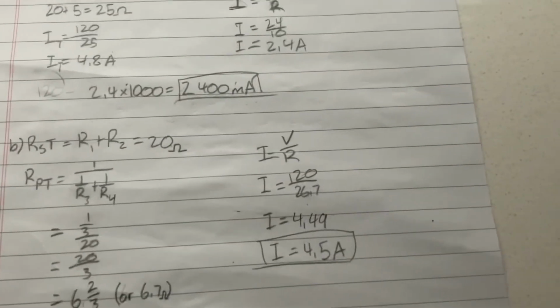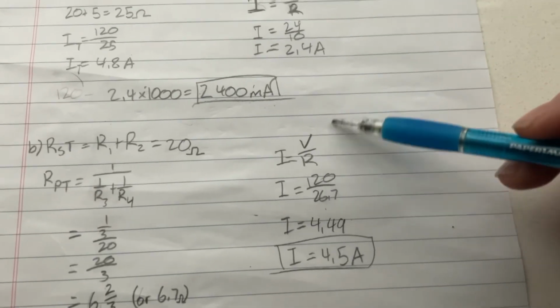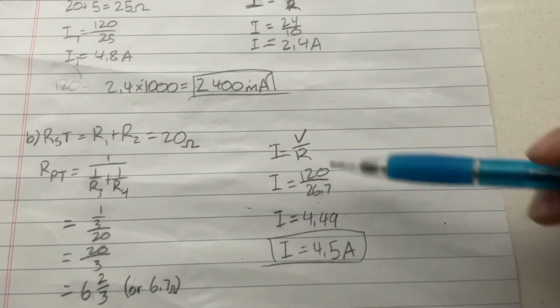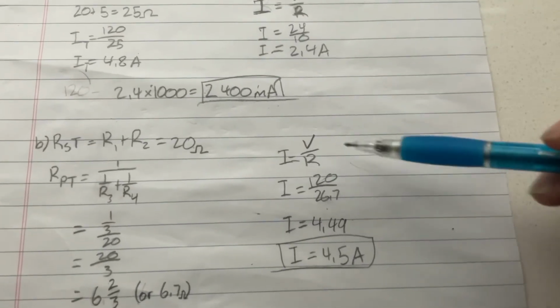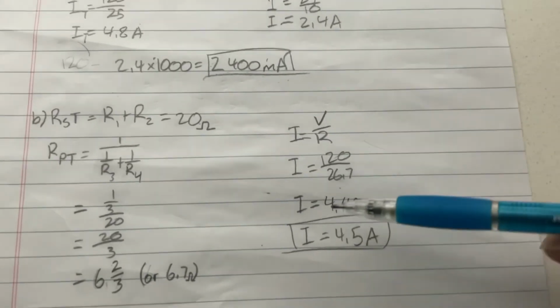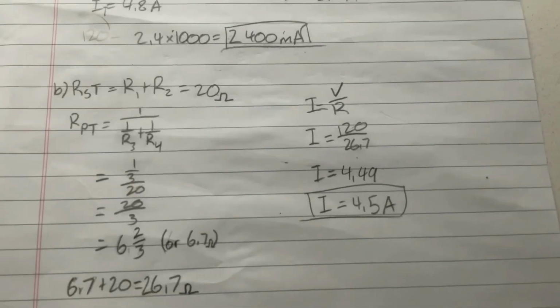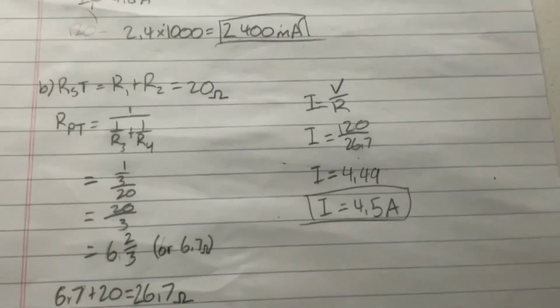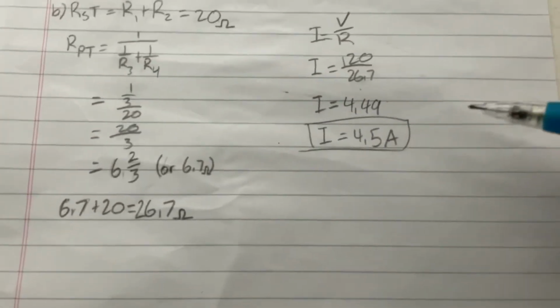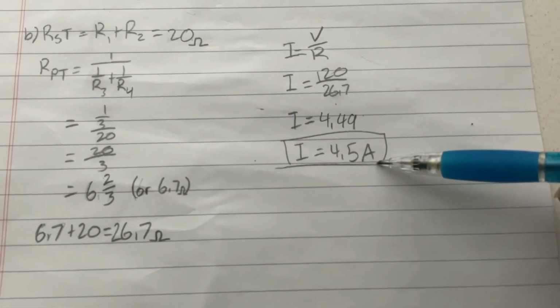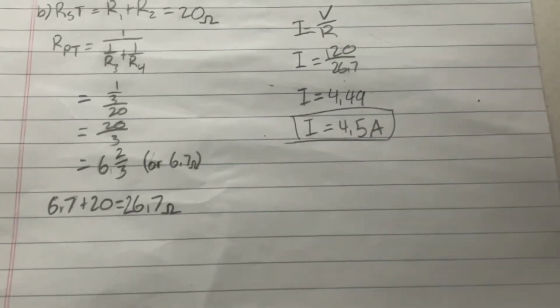And using the formula for current, voltage divided by resistance, we have 120 divided by this number, which equals 4.49. And rounding that up by 0.1, we have 4.5 amperes, which is the current through the whole circuit.